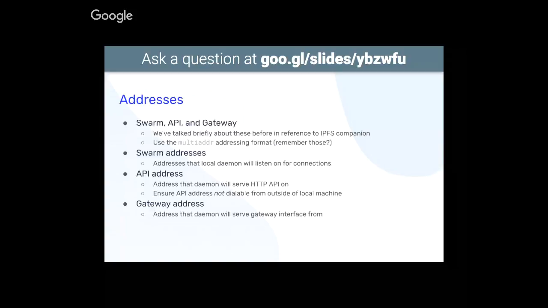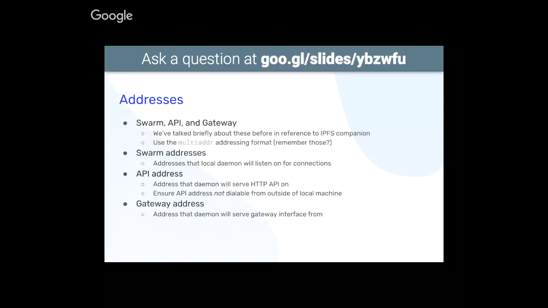And we've also actually talked about these configuration options in reference to the IPFS companion browser extension that we installed before, where you actually have to specify at which address to access your local peer. And again, we actually use the default, so you didn't really need to tweak anything here, but in fact, it is looking at the particular swarm and API and gateway addresses to know how to interact with your local peer.